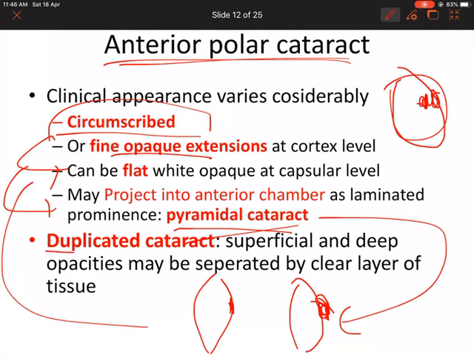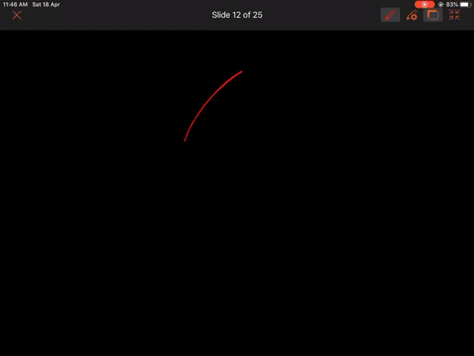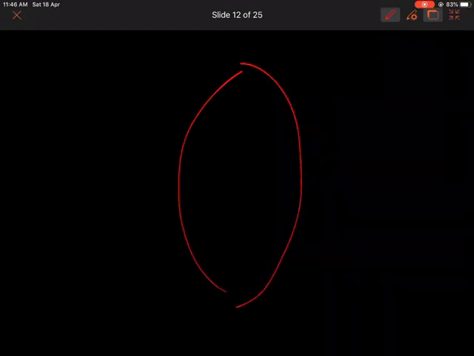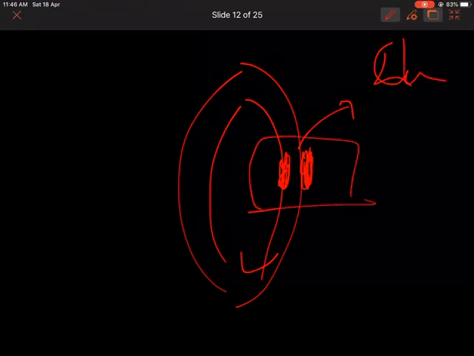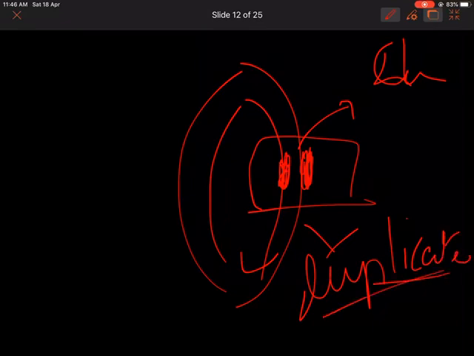Then there is something called duplicated cataract. Superficial and deep opacities may be separated by a clear layer of tissue. For example, when the fibers are being laid down, there is one layer of fibers with a cataract, also a polar cataract or pyramidal cataract, and in between there may be a clear cortex. So this is called duplicated cataract.